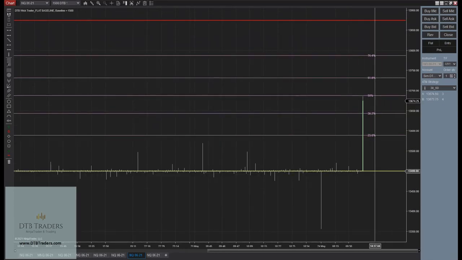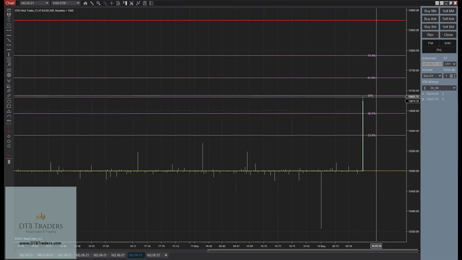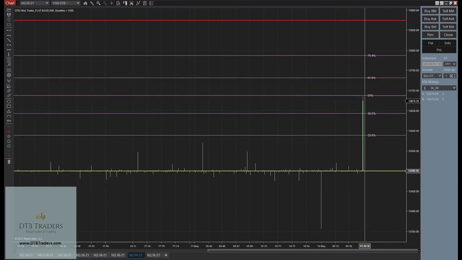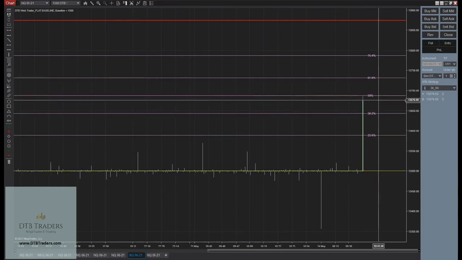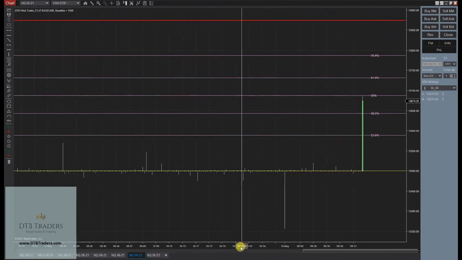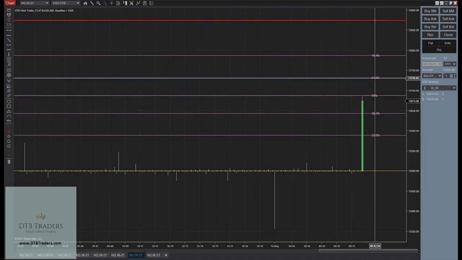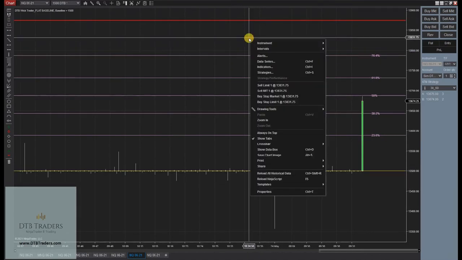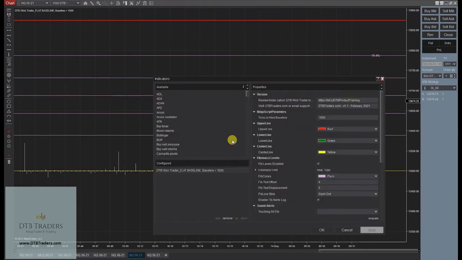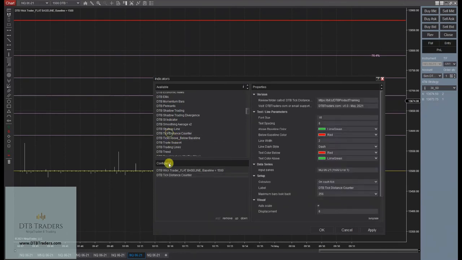So what that's going to do is give us a percentage value of how far price is away from the baseline. This is one of the first indicators I developed for the flat and trending baseline, and since then I've added another little indicator that we had a look at in a previous video, and that was just the tick distance counter.